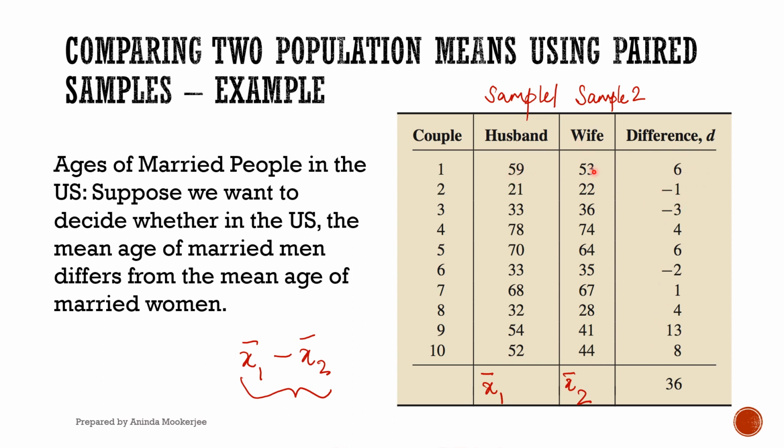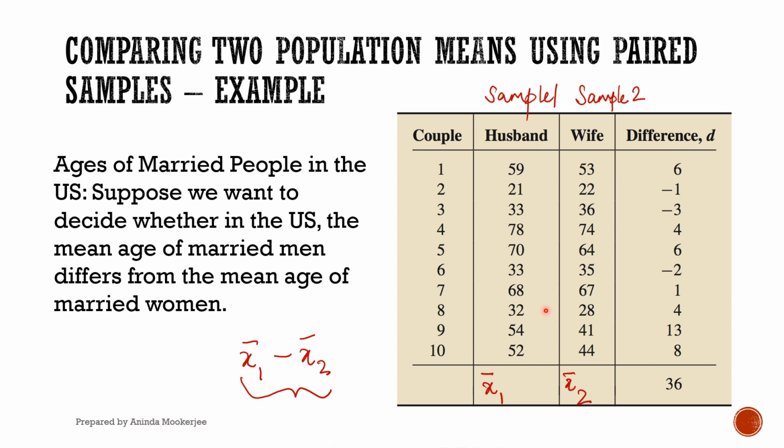So 59 minus 53 is 6, 21 minus 22 is -1, 33 minus 36 is -3. That's how we come up with the difference in the ages at each couple level. And then once we find all the differences, we will sum them up to find the mean difference.